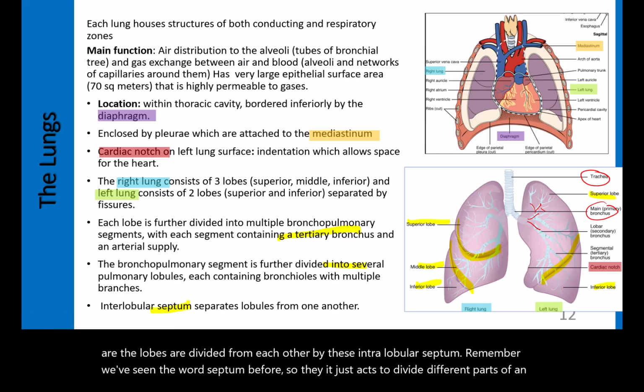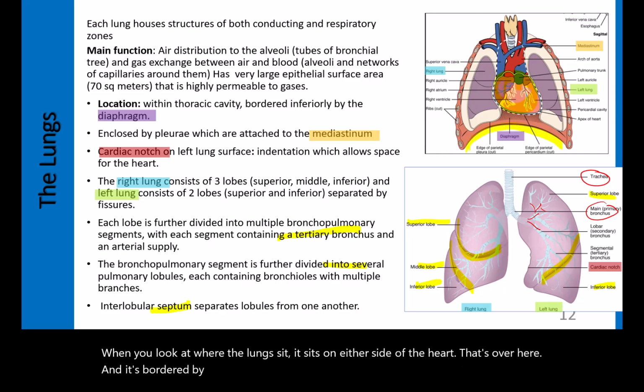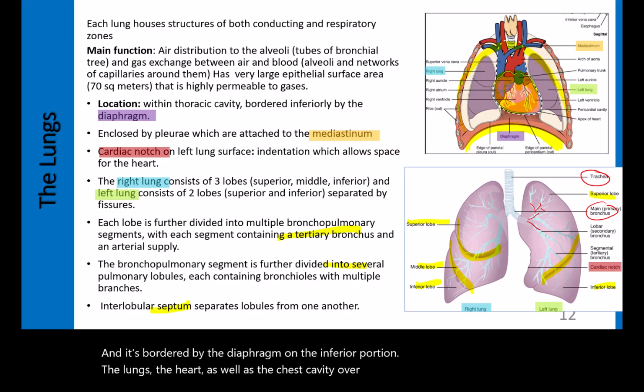And then when you look at where the lungs sit, they sit on either side of the heart, that's over here, and they're bordered by the diaphragm on the inferior portion, as well as the chest cavity over here. Right.